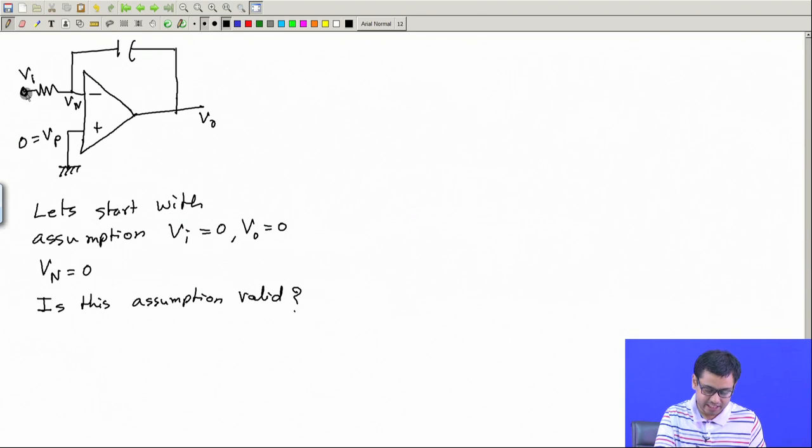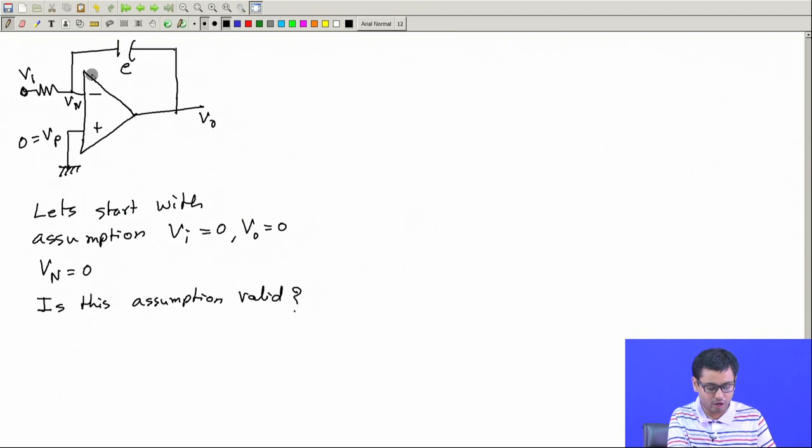There is no current here because this is 0, this is 0, potential drop is 0 here. No current of course through the input of the op amp, so this current 0, this current 0, so according to KCL this should also be 0. If no current is flowing through the capacitor, then the potential across the capacitor will not change.